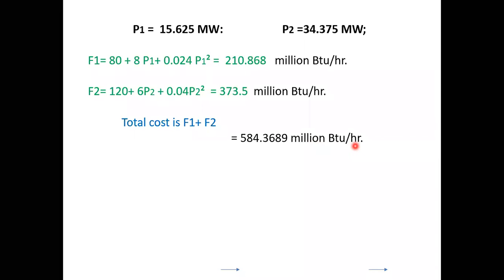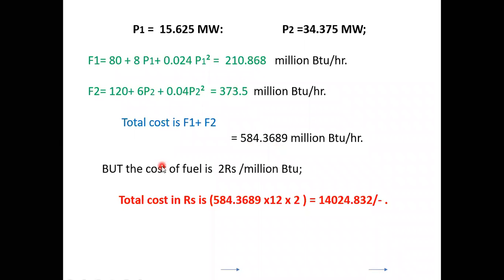We are considering in the first case 50 megawatts. 50 megawatt is present for how many hours? 12 hours. So that's why we need to consider the time. At the same time, the cost for each million BTU. So we need to multiply those two with 584.3689. Then you will get the total cost in rupees.